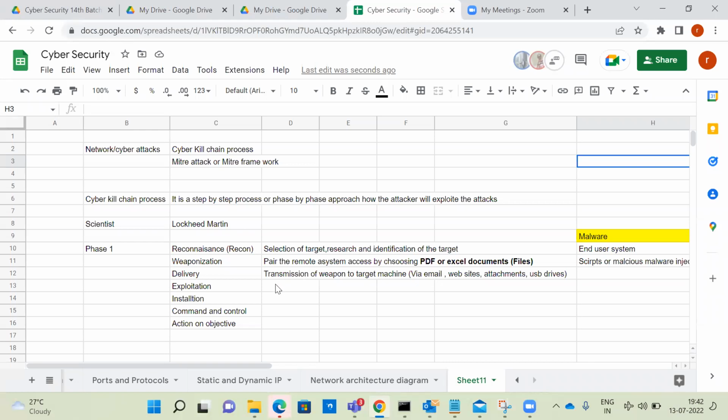Next, exploitation. In the exploitation phase, what will the attacker do?